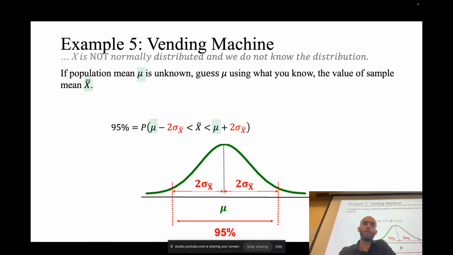But in this environment, we don't know what mu is. One way of thinking about the approach we're going to take in constructing confidence intervals and hypothesis testing is to guess what mu is using the information we do know, which is X bar. So far, there's a bit of a philosophical background to this, and we're going to get into why we can do it this way.